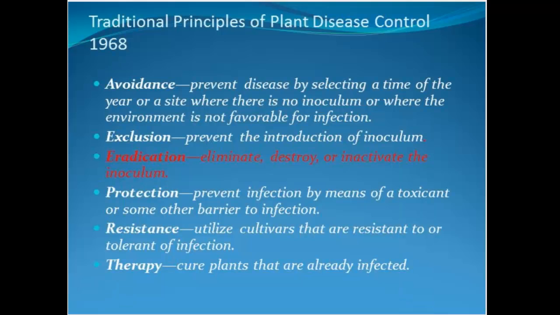The last thing that we're going to finish up with today is eradication, which is to eliminate, destroy, or inactivate inoculum or disease organisms once they have become present in your high tunnel. We talk about this because, for reasons we discussed earlier, sometimes rotation is not going to be our best option, and in a high tunnel much more so than in the field, because it's such valuable real estate.